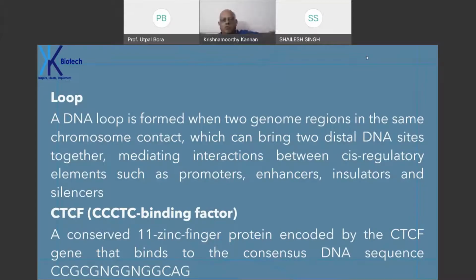For example, say you take the mother cell and you're talking of T cell, B cell. Each one expresses certain genes only. And all of them have the whole chromosome. All these cells have the whole chromosome. But with the insulator, they are prevented from expressing. So each cell has characteristic genes which it will express.